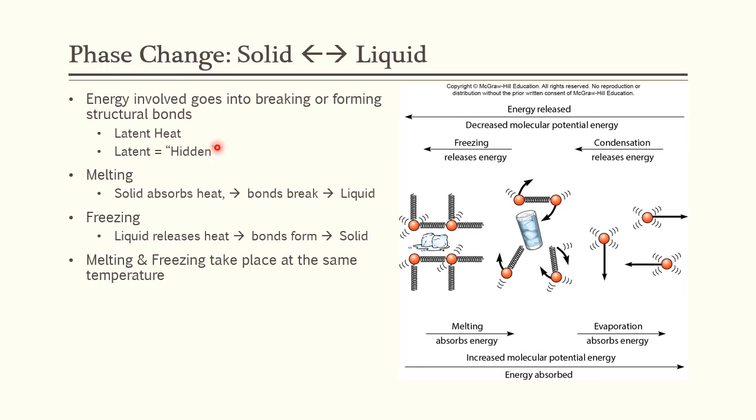You can't see a change in temperature. But it does go into changing the phase of the substance. And for melting or freezing, we have what's called the latent heat of fusion. So fusion, you can think of fusing these molecules together. You're freezing the object.